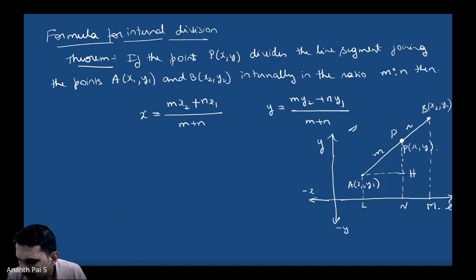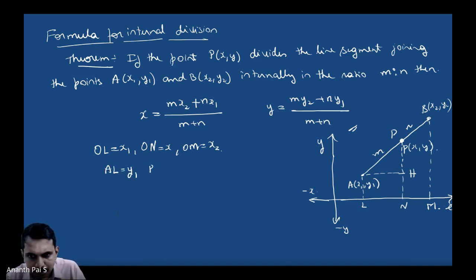Now if you consider OL is equal to x1, ON is equal to x, then OM is equal to x2, AL is equal to y1, PN is equal to y, and BM is equal to y2.